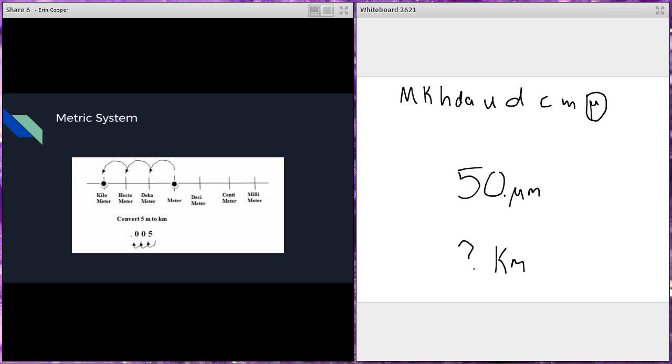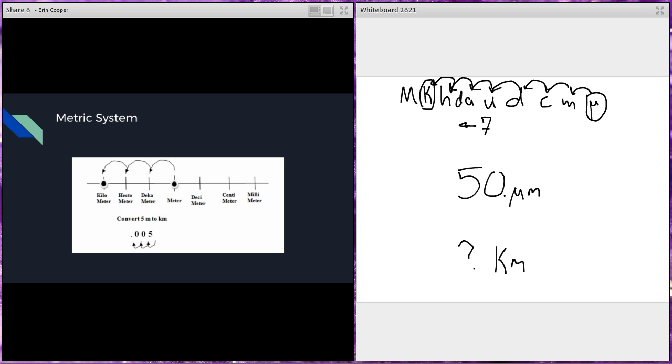Now let's say I want to convert it to kilometers. How am I going to do that? Well, since it's base 10, all I have to do is count how many prefixes separate me from where I start to where I'm ending. So I want to end on the K, and I'm starting on the micro. So if I go 1, 2, 3, 4, 5, 6, 7. I'm moving 7 places to the left.